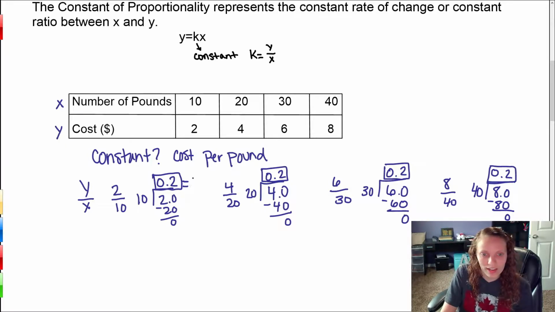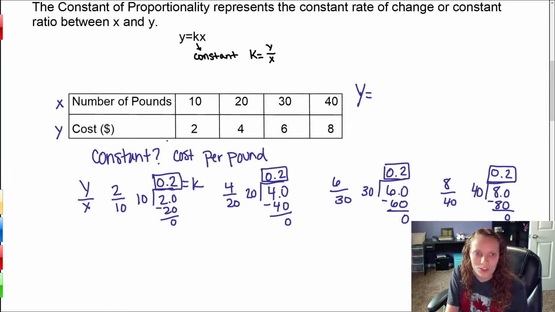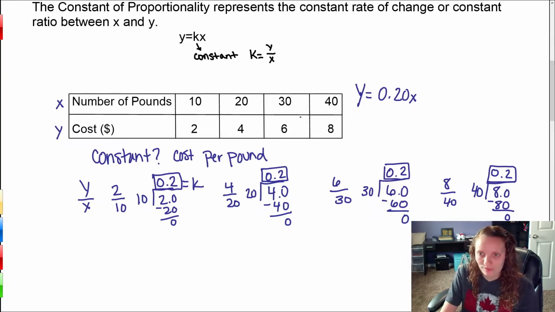This is the k, the constant of proportionality. Then we write our equation: y equals, so the total cost would be equal to 0.20, since we are talking about money, and then x. Y equals 0.20x. So it's 20 cents per pound.